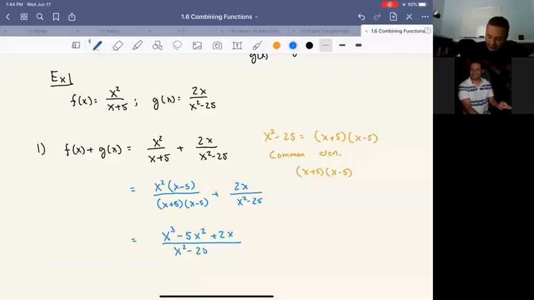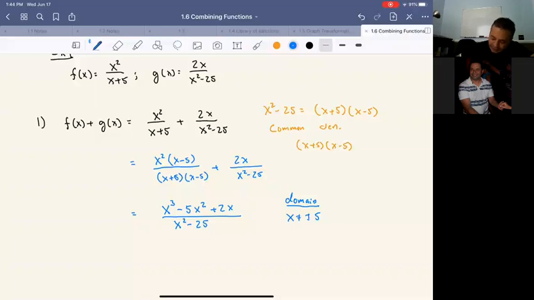And I should consider the domain. Nothing crazy going on here, but we are going to throw out plus or minus 5. So in interval notation, that's negative infinity to negative 5, together with negative 5 to 5, together with 5 to infinity.